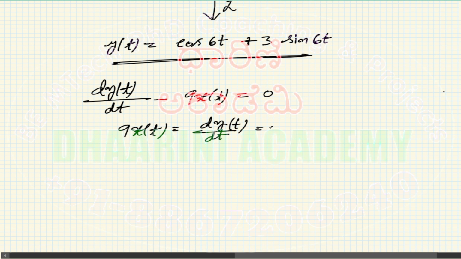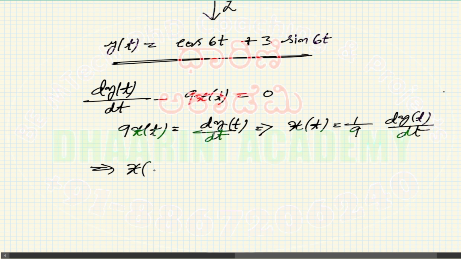That means x of t should be 1 by 9 times the derivative of y. Just substitute and calculate.